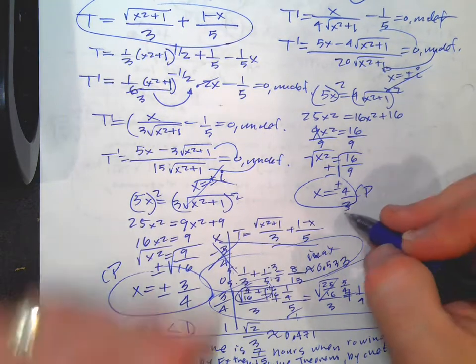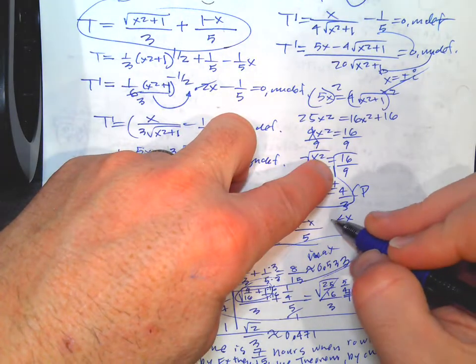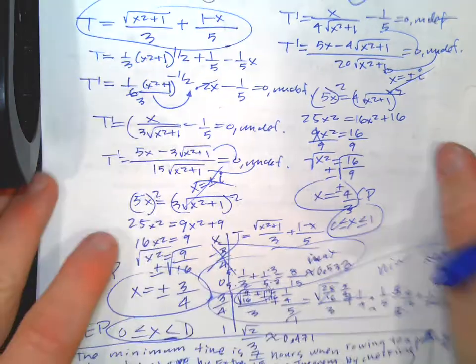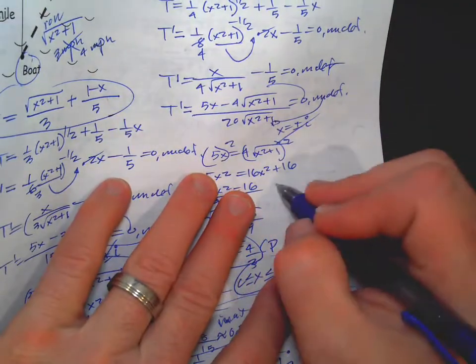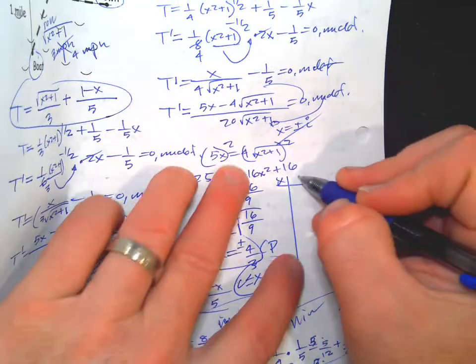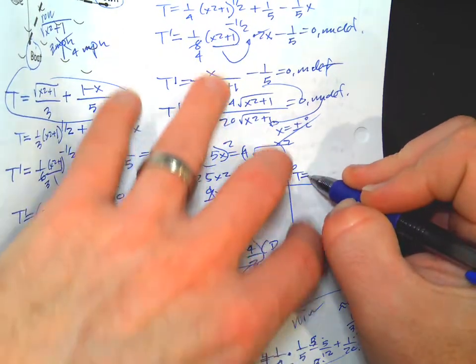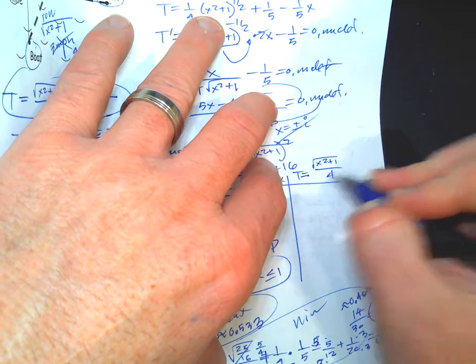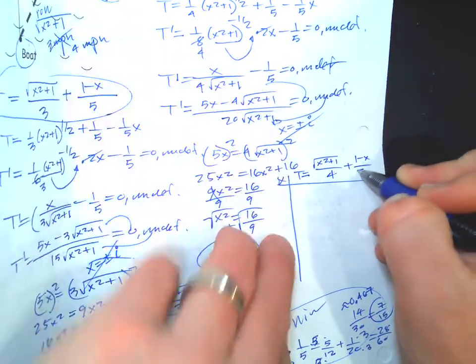The endpoints are the same as before, 0 to 1. And so then we got to make a table: x, time equals square root of x squared plus 1 over 4 plus 1 minus x over 5.